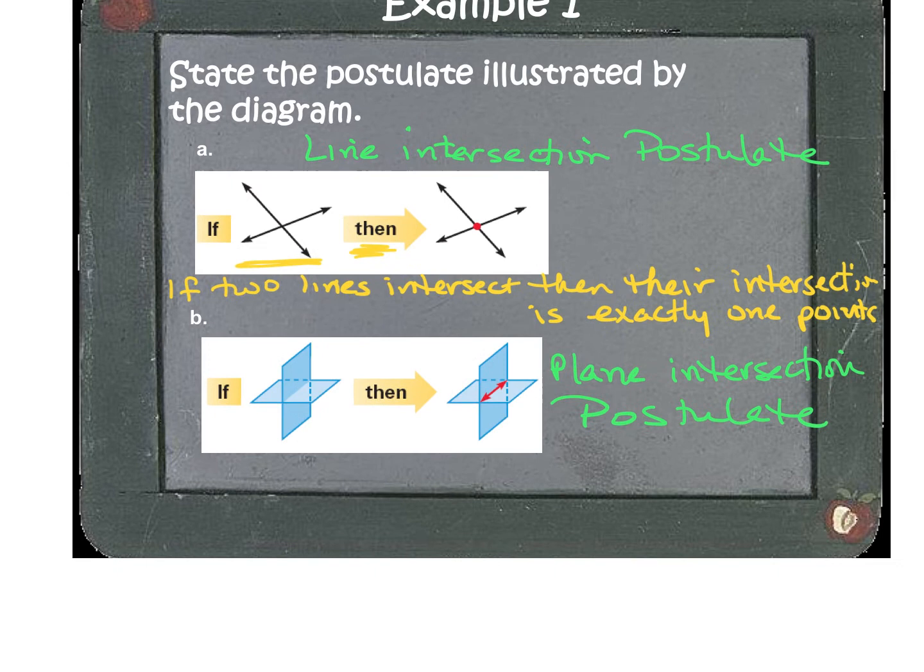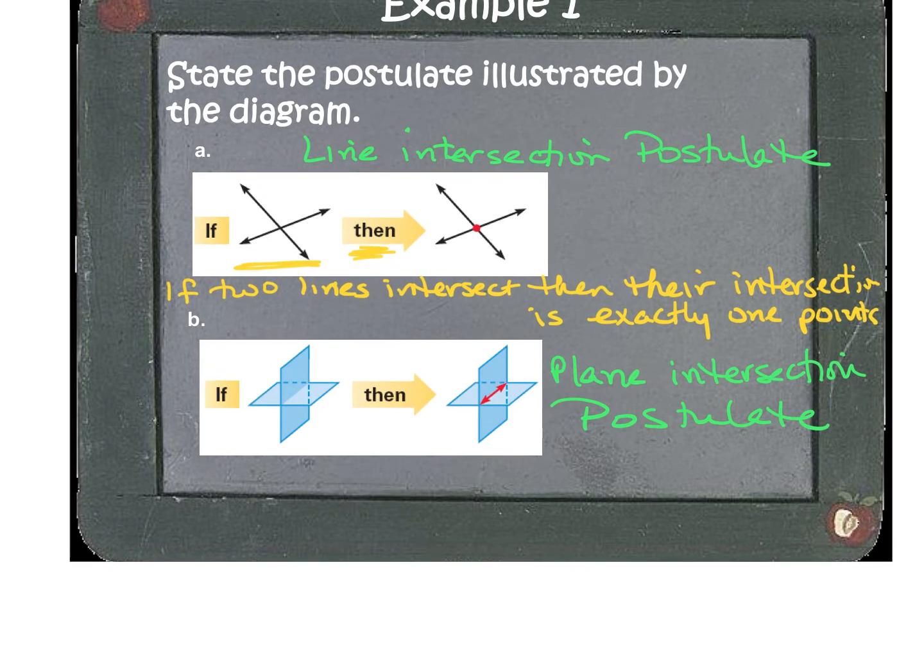And what that one states is if two planes intersect, then their intersection is a line.